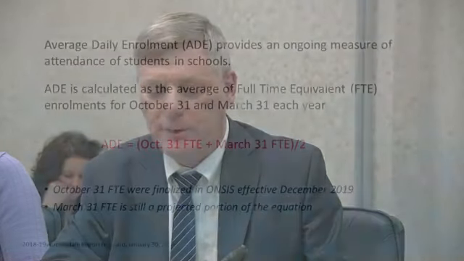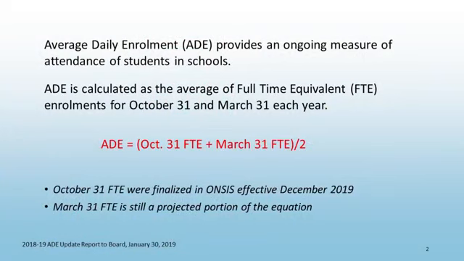So what is ADE? It's an acronym that stands for Average Daily Enrollment, and it provides an ongoing measure of attendance of students in schools. Instead of looking at students from a head count perspective at a singular snapshot in time, ADE takes two key points of time in the school year, October the 31st of each year and March the 31st of each year.